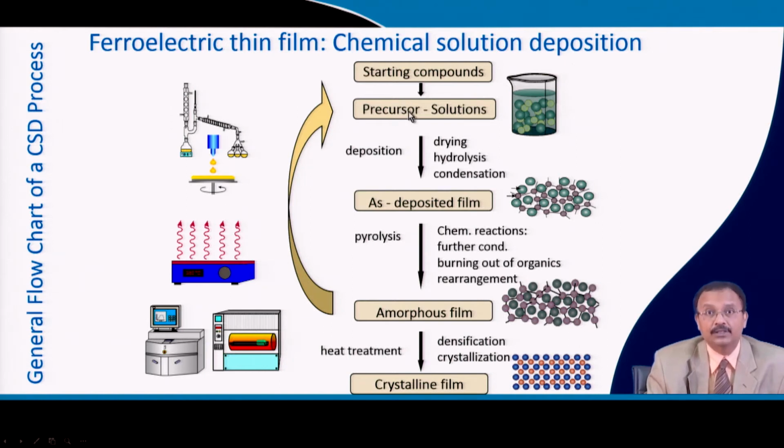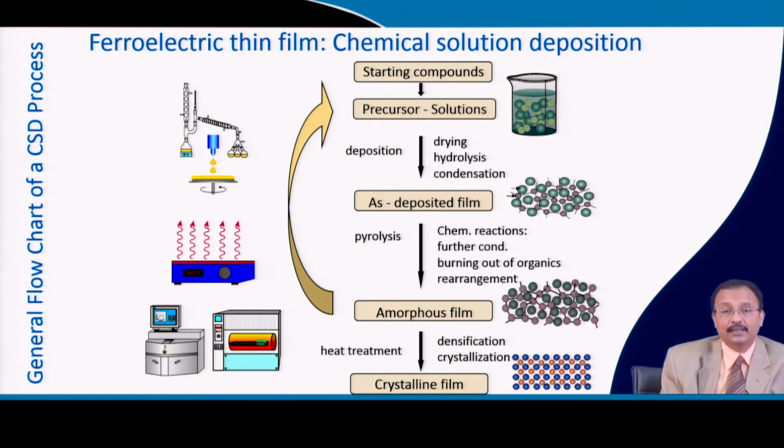If it is a sol-gel technique, hydrolysis and condensation reactions are important. At the precursor stage you deposit it, and usually spin coating is used to deposit a uniform film on the substrate material. The as-deposited film of course contains solvents inside, and it is amorphous in nature.